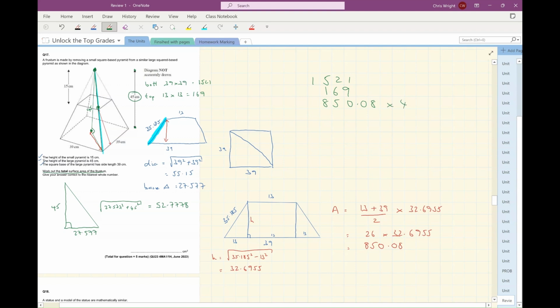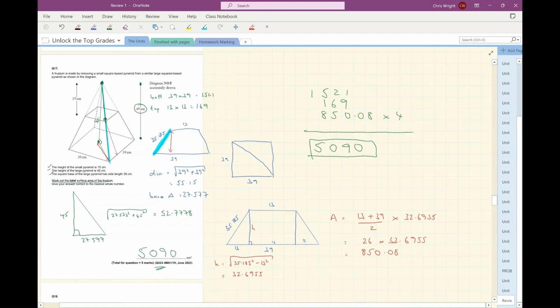Okay, so times the 850.08 by 4, add 1521, and add 169, gives me 5,090 to the nearest whole number. And that is quite a question. No wonder it's a question number 23.